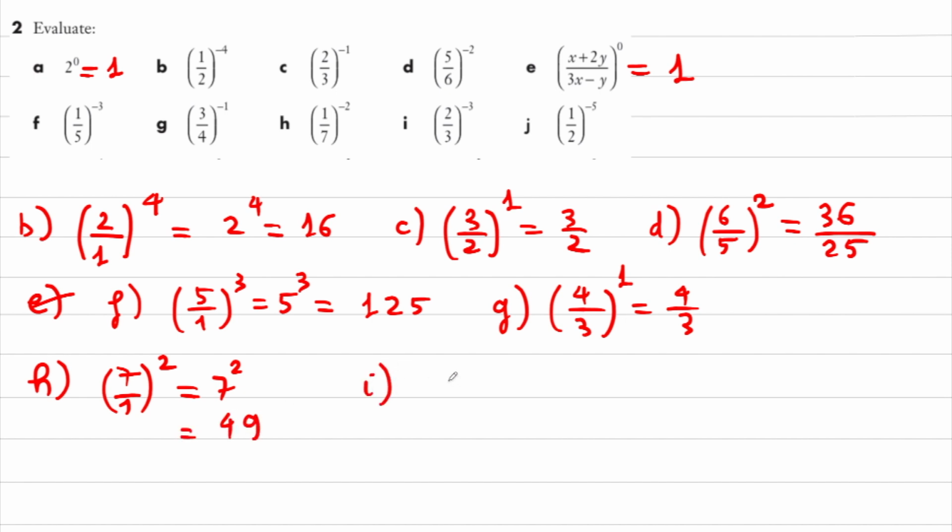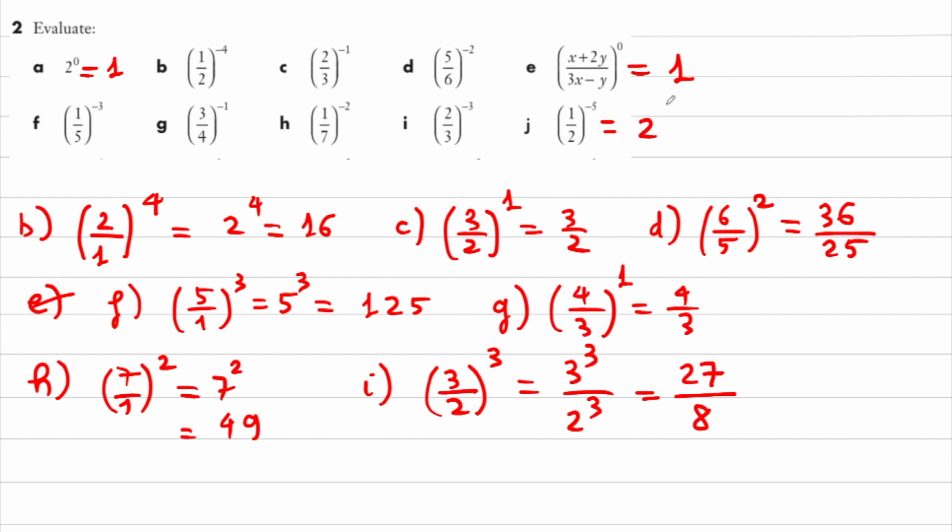Question I, 3 over 2 and cube here, 3 cube and then 2 cube. This is 27, here is 8. And the last one, I will write down here, 2 to the power of 5. So 32 will be my final answer for this question.